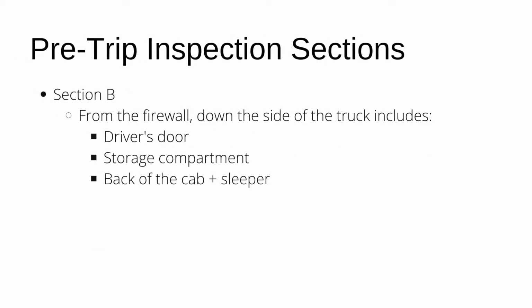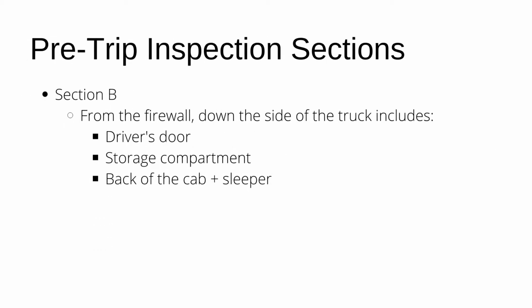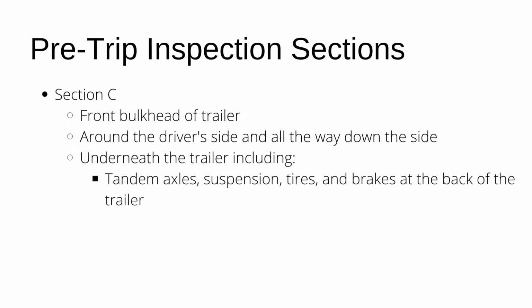That is Section A. Section B basically covers from the firewall down the side of the truck, including the driver's door, the storage compartment, and around to the back of the cab, back of the sleeper.